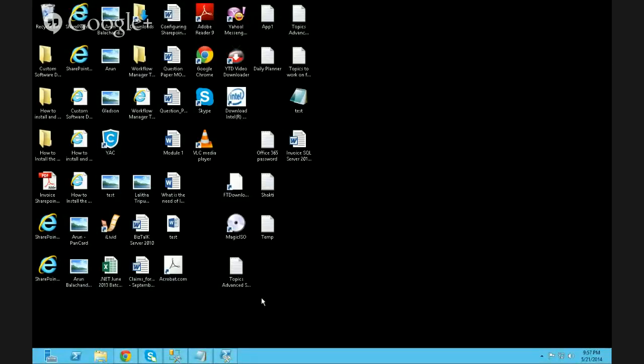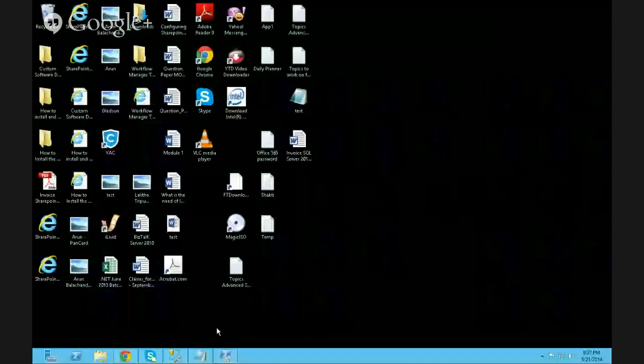Mine is a single server farm. So although we say the distributed cache works for the entire farm, because mine is a single server farm, I will not be really able to demo anything on distributed caching. So this is more of a demo on what is available in terms of services and stuff like that. Okay, now it's taking some time.